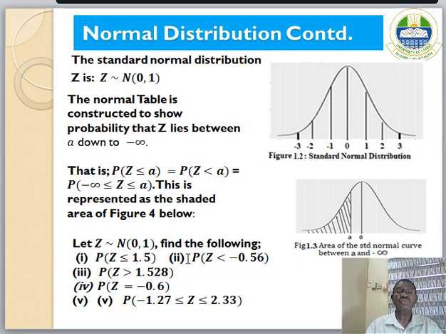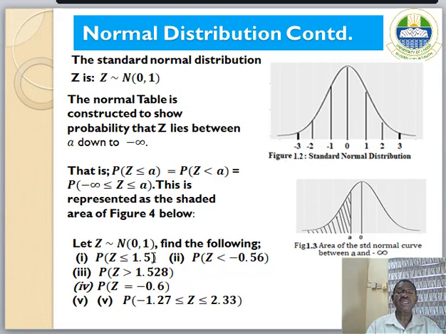So let's see how to use the standard normal distribution, mean 0, variance 1, to find the probability that Z is less than or equal to 1.5, and the probability that Z is less than minus 0.56. Let me clarify here. The probability that Z is less than or equal to 1.5 is the same as the probability that Z is strictly less than 1.5.